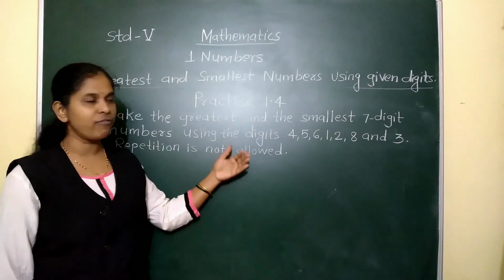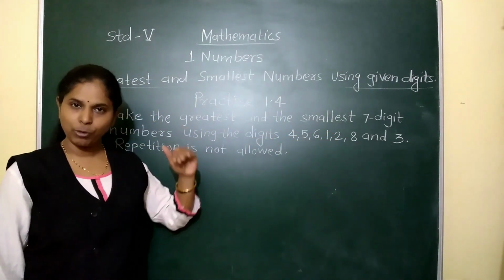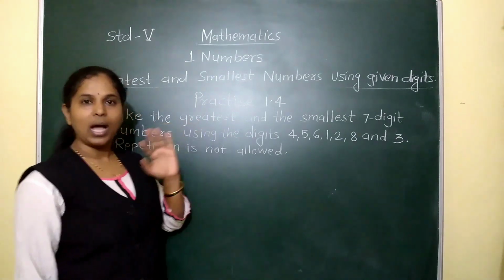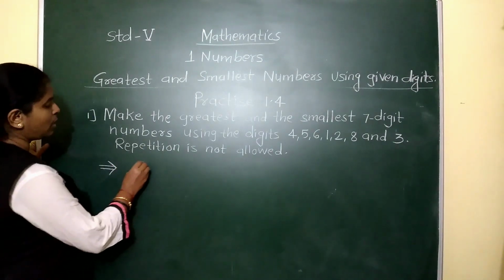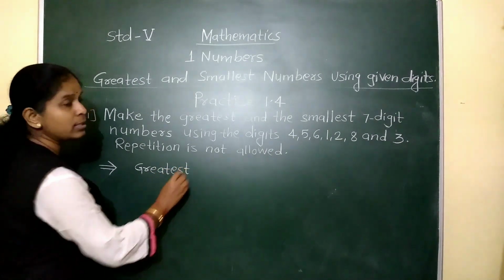Means we don't have to repeat the given digits again and again. We have to use each digit one time only. So I'll show you how to make the greatest number and smallest number by using the given digits.